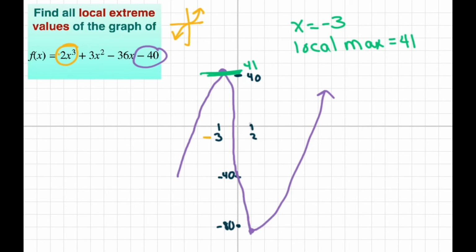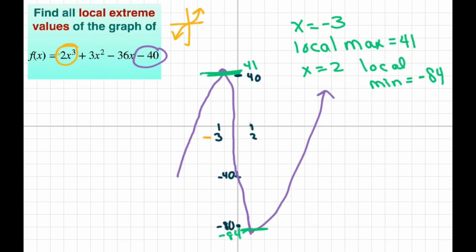Put 41 here. And at x equals 2, that's your local minimum. So your local min is equal to negative 84. And this was negative 84 here. I just went by tens on that.